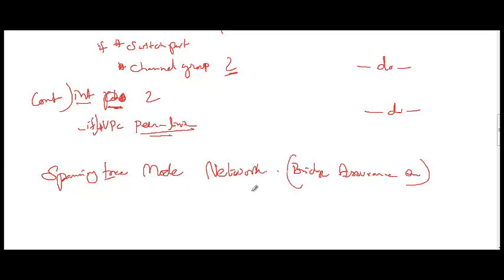You will get a log message saying spanning tree mode changed to network and bridge assurance got enabled. Something similar, more or less the same words, you will see. You will get a log message.